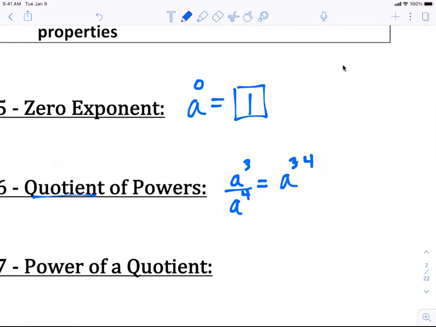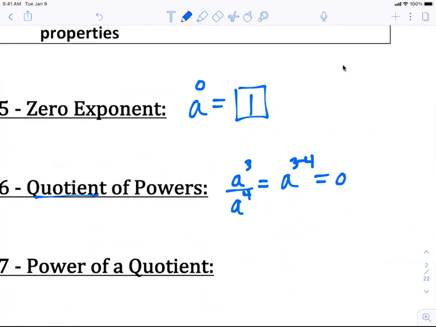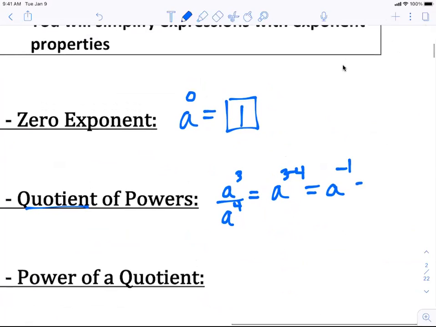It's the top number minus the bottom number. And we're left with 3 minus 4, which ends up being negative 1. Now, one requirement of all of your final answers in this unit, all of them are going to be simplified, but negative exponents are actually not technically considered simplified. So as a final step, we would take that a and move it to the denominator, and that would be our final answer.